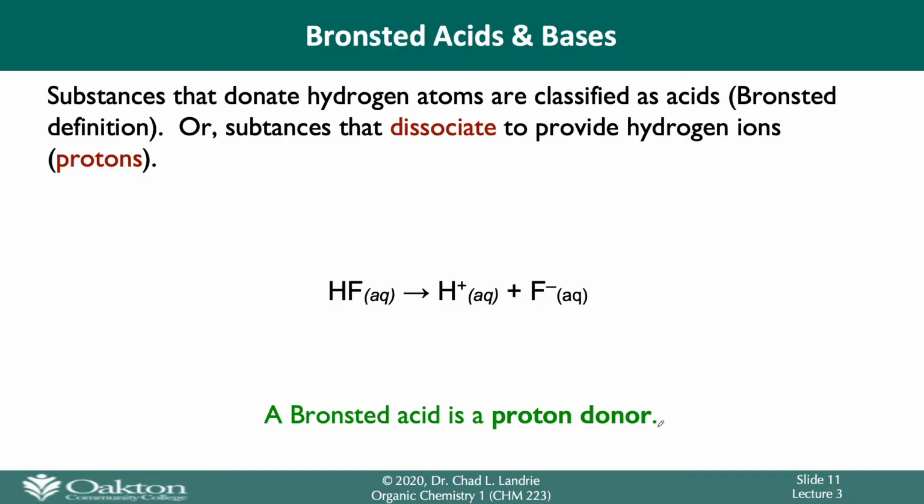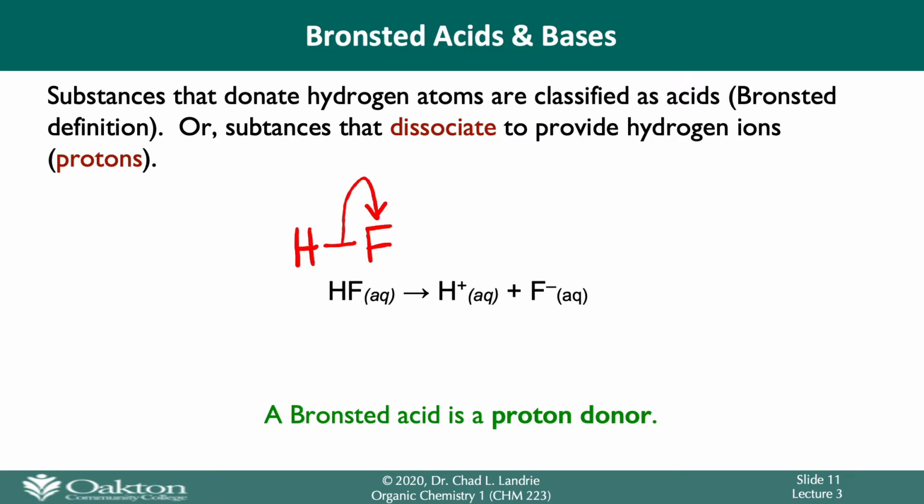Because we no longer need water to define a Bronsted acid or base, we can also simply write a dissociation reaction for a Bronsted acid to produce a proton and its conjugate base. I could also draw a mechanism for this reaction, just like I did before, if I draw the structure and then use curved arrow notation to show that the bond between the hydrogen and the fluorine is breaking.